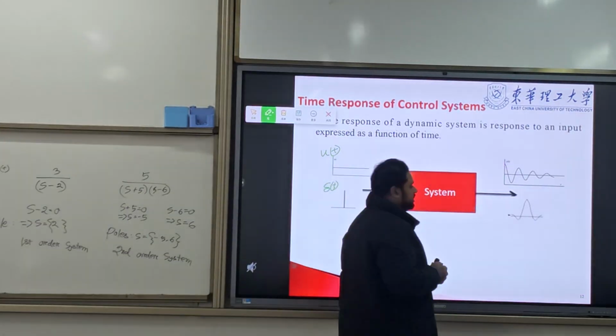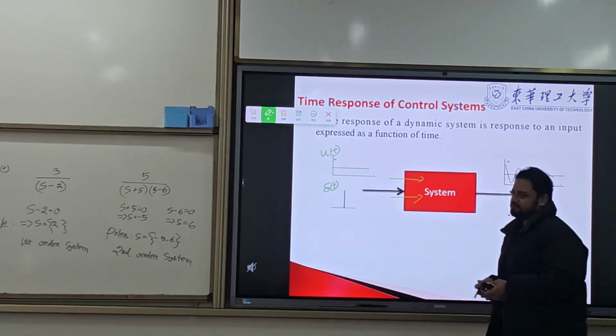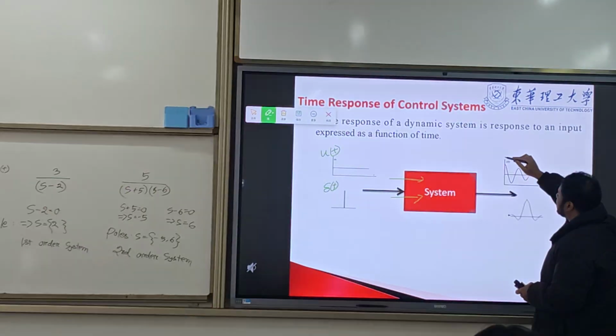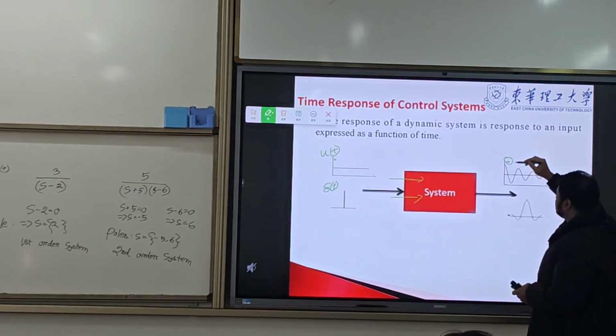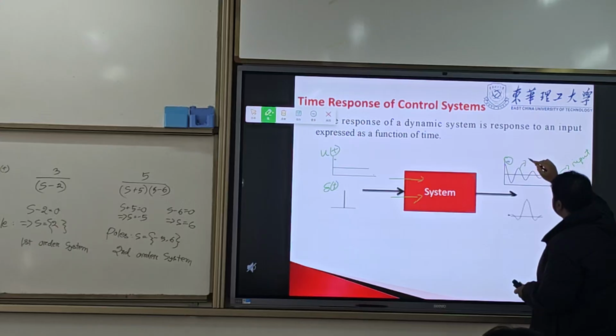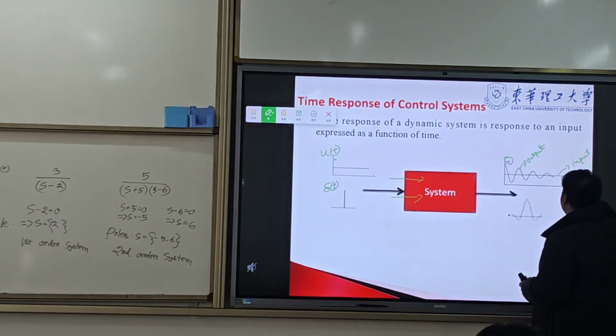Each of these inputs is sent through the system, any random system we are considering, and the system will give you an output yt. This is your input, which will give you an output. Now you need to find the ratio output by input.